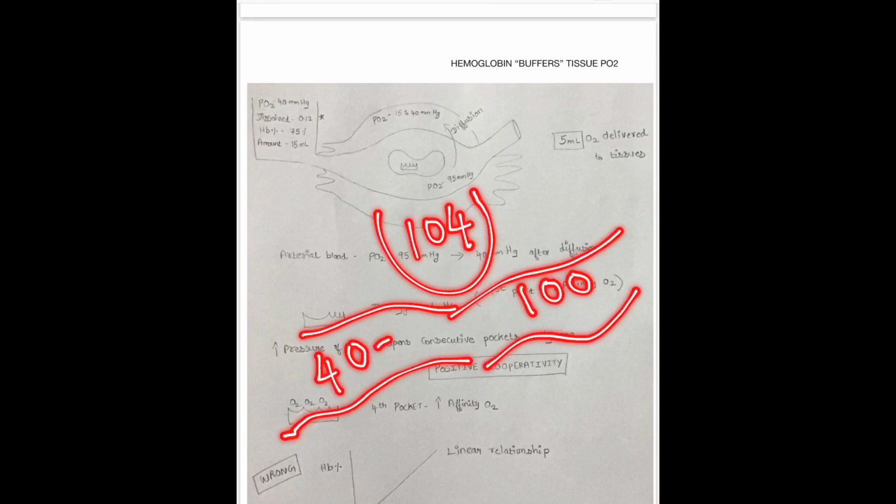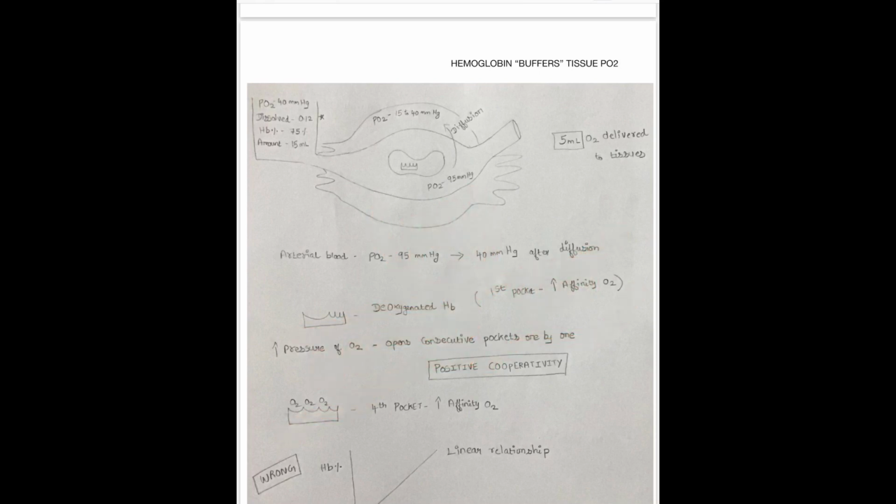So deoxygenated blood goes to the lungs. So from 104 to 40, the oxygen molecules are transferred to the deoxygenated blood and the blood gets oxygenated. Likewise, in the oxygenated blood, the partial pressure of oxygen is 95 mm of mercury.